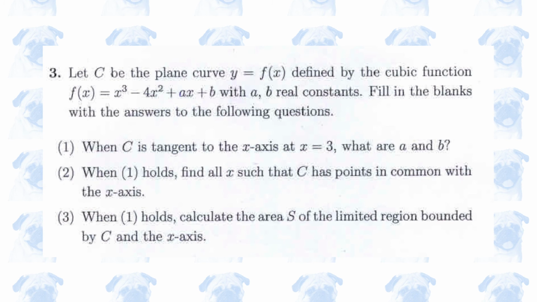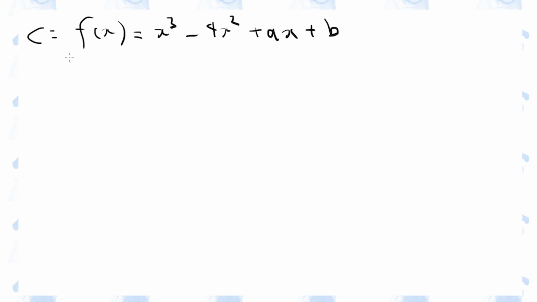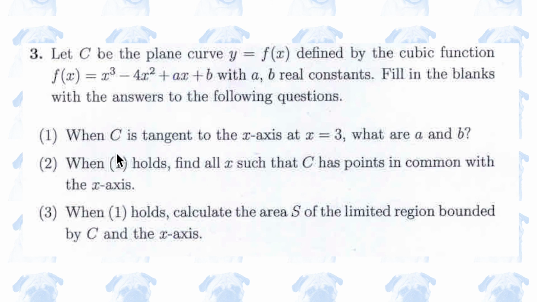Section 3, which is the final section of this exam paper. So we have a cubic function named c, x cubed minus 4x squared plus ax plus b. And the first question says, when c is tangent to the x-axis at x equals 3, what are a and b?